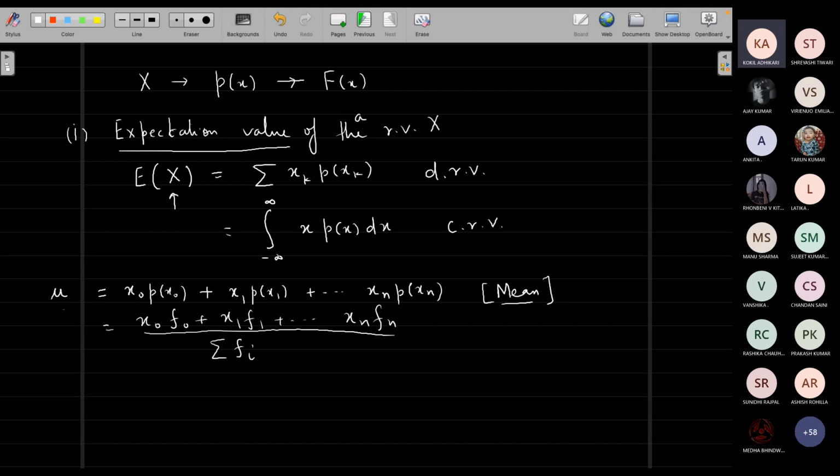Now, for example, we discussed yesterday that there is a probability that an electron can be found anywhere from the nucleus out to some place. But what is the expectation value of the random variable R? Which means, what is the average value at which the electron will be observed?